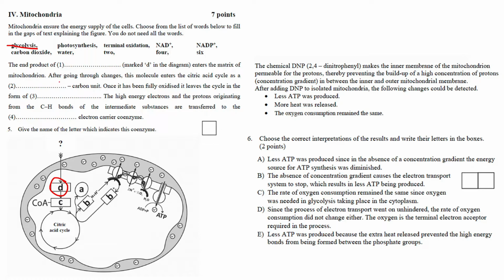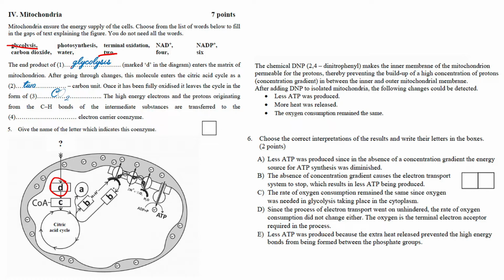After going through changes, this molecule enters the citric acid cycle. In the link reaction, pyruvate will be converted into acetyl coenzyme A. So it enters the citric acid cycle as a 2-carbon unit. Okay, so glycolysis and 2-carbon unit. Once it has been fully oxidized, it leaves the cycle in the form of carbon dioxide.